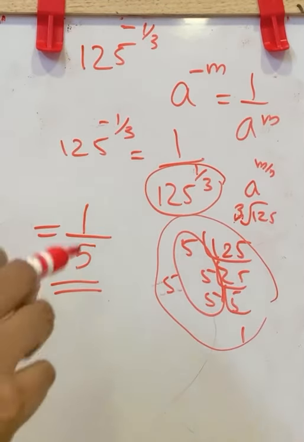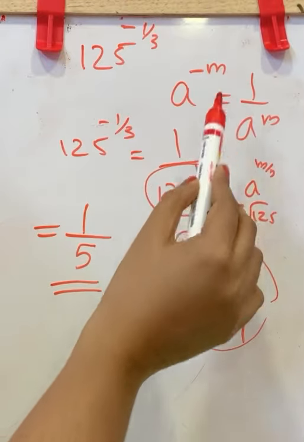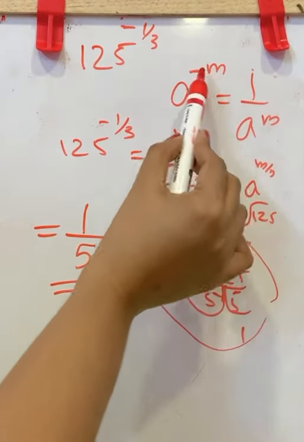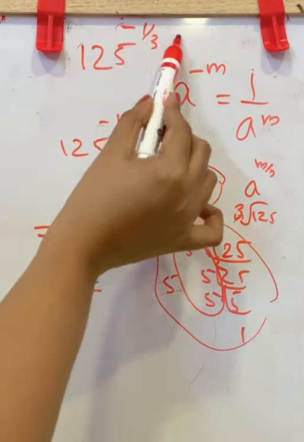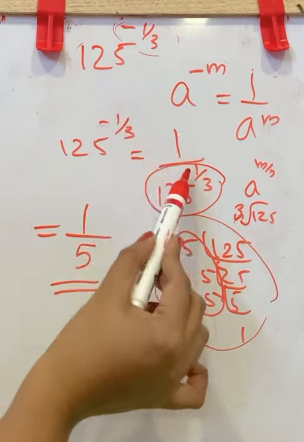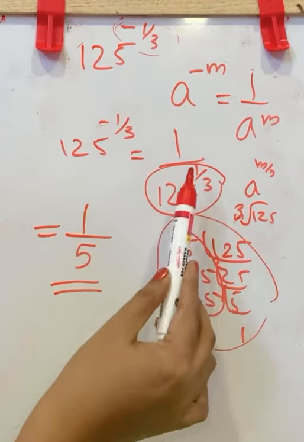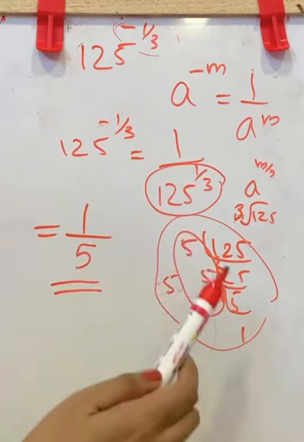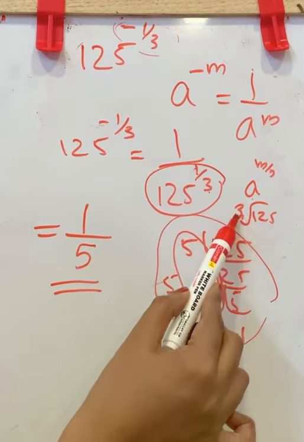I will explain it once more. Any number raised to minus m is equal to 1 by a raised to positive exponent. So here it is any number raised to minus m, and that becomes 1 by that number with positive exponent. Now considering only the denominator, we have a raised to m by n form, and that is cube root.